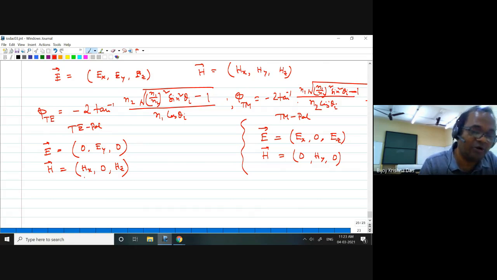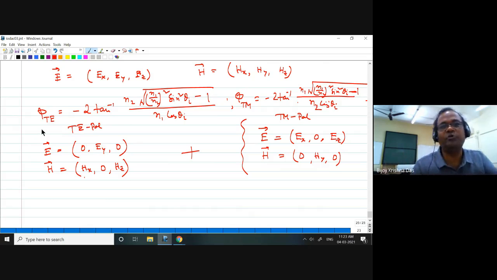This is whatever I am talking about for a 1D optical waveguide or planar optical waveguide. But it can happen that there can be a mixture of the two. So if I have a field, suppose you have this plus this, that means you can have EX, EZ and EY components, and HX, HZ and HY, all the components are there. You can imagine a superposition of two fields, one TE and another TM.